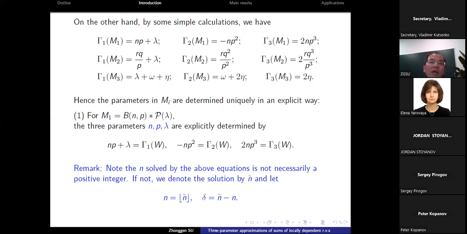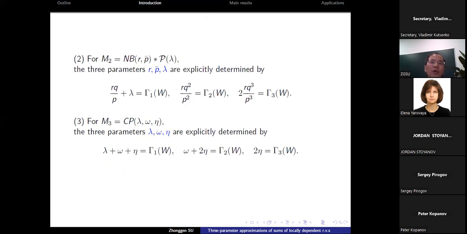Because Mi has a specific distribution, it is easy to get these formulas. Hence, the parameters in Mi will be determined uniquely in an explicit way as follows. We will decide 3 parameters for each Mi by these equations.